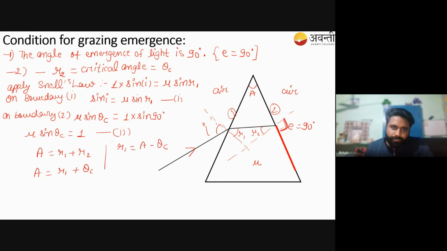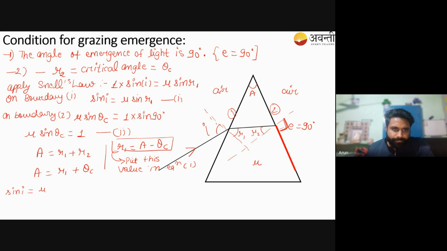Put this value in equation 1. So what do we have? It is sin I is equals to mu, and if we put the value of R1, it is A minus theta c.